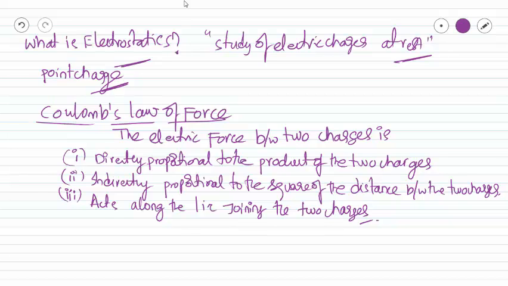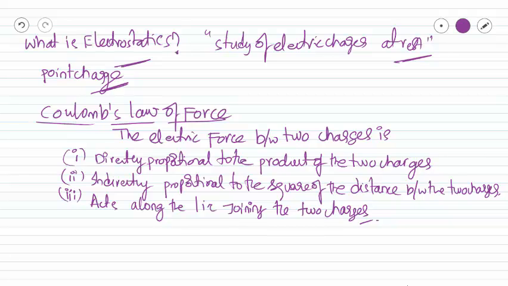So as per Coulomb's law, the electric force between two charges is directly proportional to the product of the two charges, and inversely proportional to the square of the distance between them, and the force acts along the line joining the two charges. When you say 2 point charges, they are located at 2 points in space, so we can draw a distance vector between those 2 points, and the force acts along that line joining those two charges.